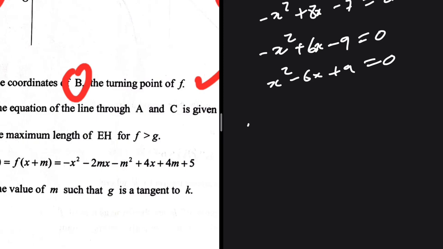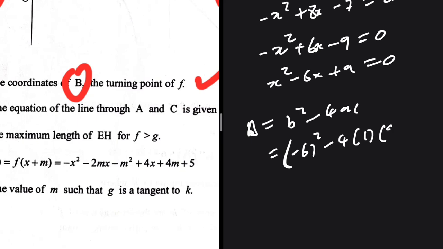So delta is b squared minus 4ac. So b squared, that is minus 6 squared, minus 4, a is 1 and c is 9. So this is 36. And then 9, 18, 36. This is 36 also. So this gives us 0. So the discriminant is actually 0.